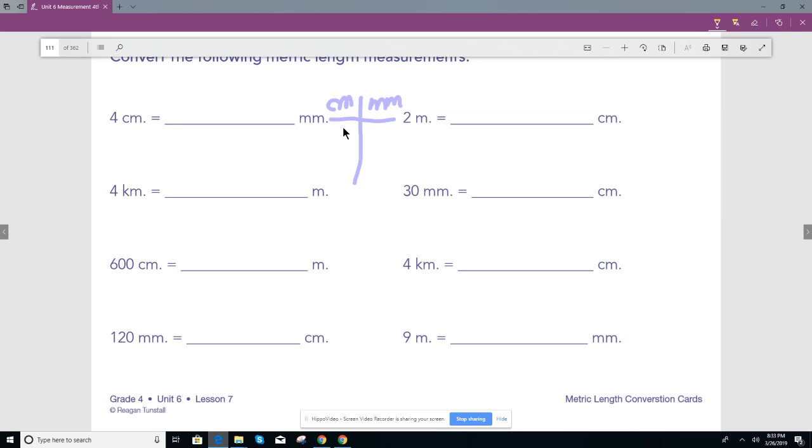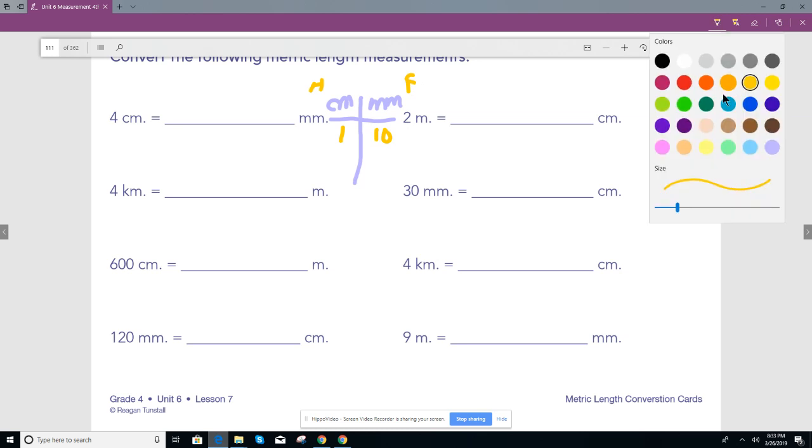Centimeters, yes. Centimeters is bigger, so this is our horse. And millimeters is one step behind centimeters. So if it is one step behind centimeters, it takes 10 millimeters to equal a centimeter. So this is our fly. Are you with me so far?